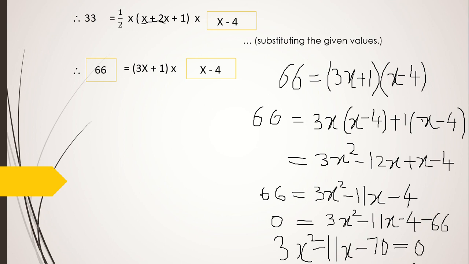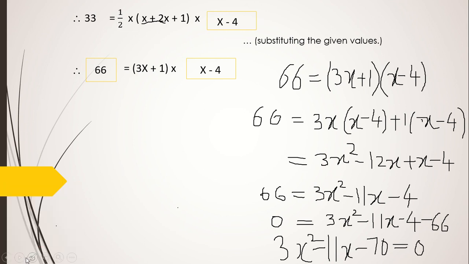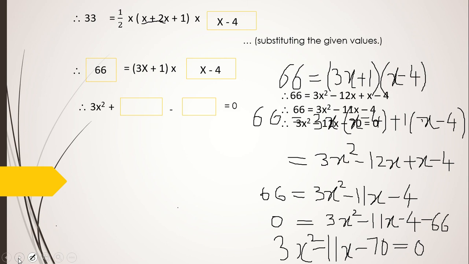Okay, this is how we will get the quadratic equation, and this quadratic equation we have to solve. So if we just see further, we get 3x square plus minus 11x, like these brackets are shown.